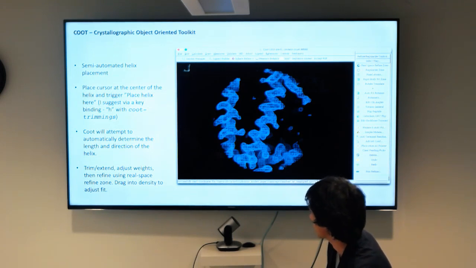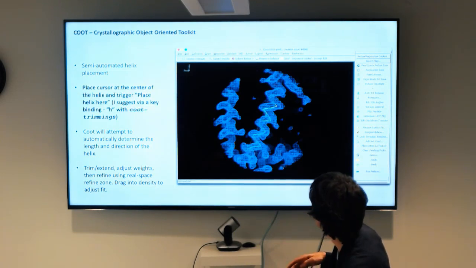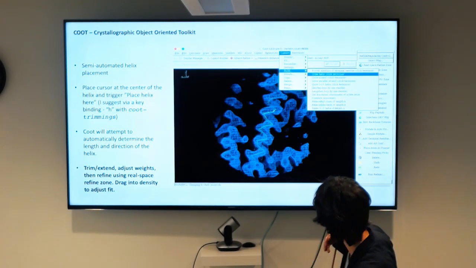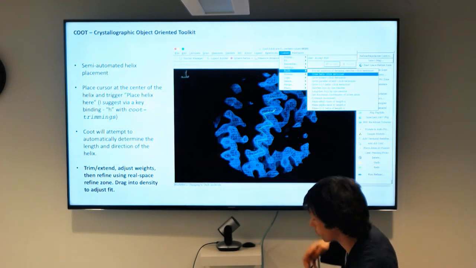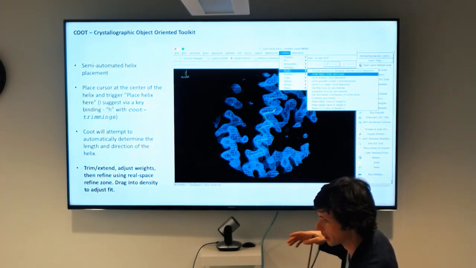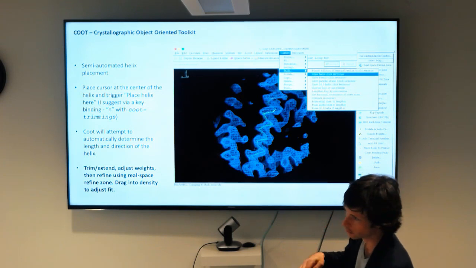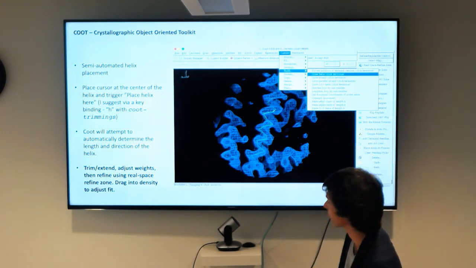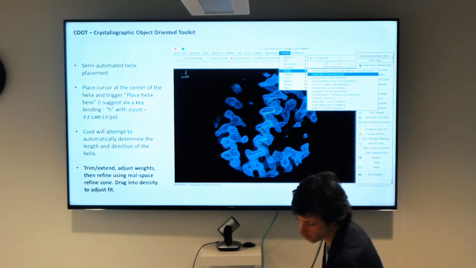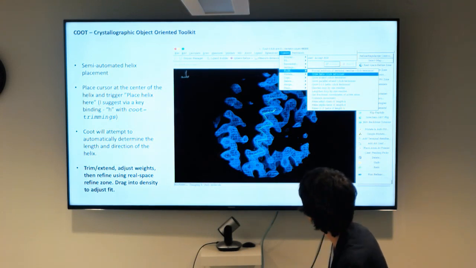In COOT Trimmings, I have it bound to H, so you can just navigate to the center of a helix, press H, a helix will appear, and then you can try to grow that helix by a certain number of residues if you can see that COOT didn't quite make one that's long enough, or trim it if need be, and then refine it into the map using real space refinement.